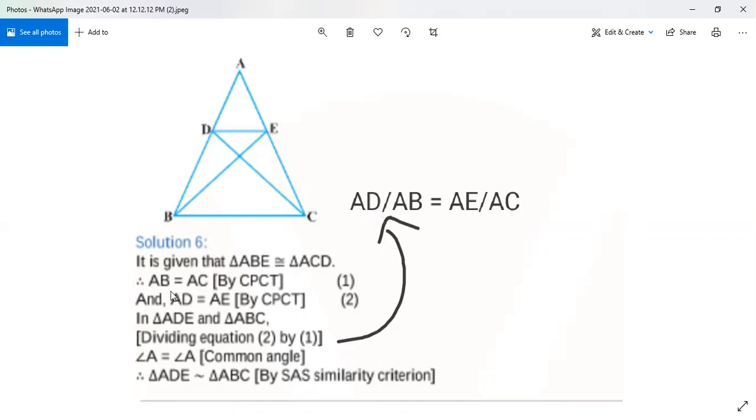Okay, so AD upon AB will be equal to AE upon AC. Simply we are dividing these two equations that we have got, equation 1 and 2. And angle A is common, we had already seen that. So once again, we have got a SAS criteria. The angle in between and the sides bearing that angle in both the triangles are in proportion. So by that, these two triangles are easily coming similar.